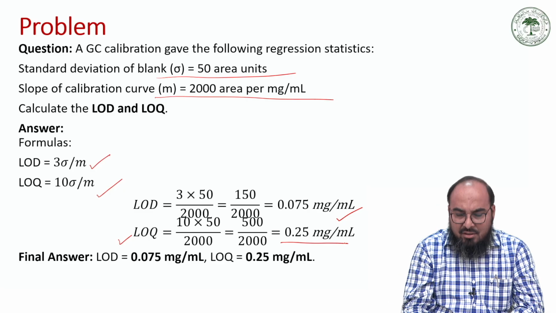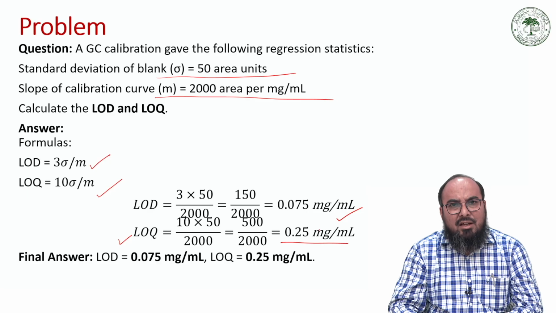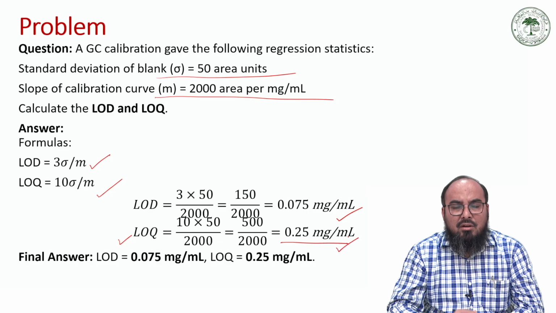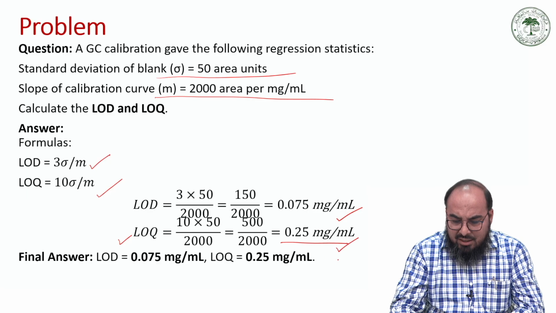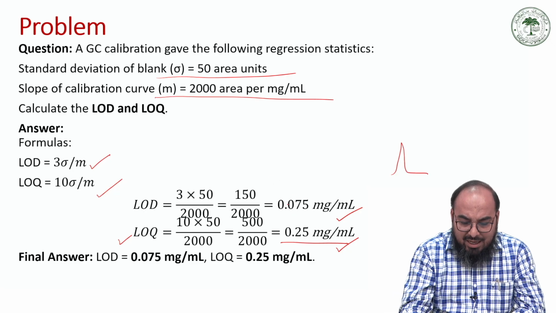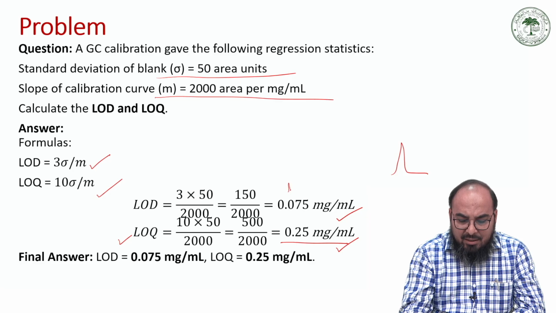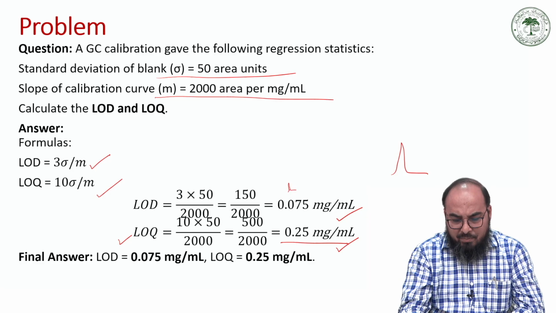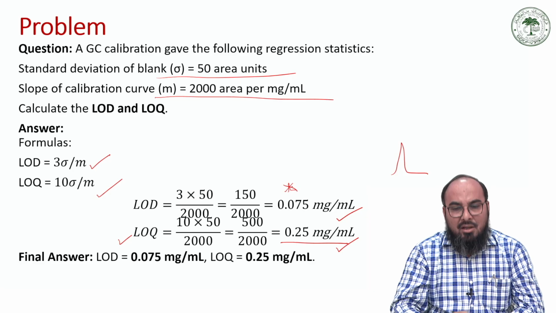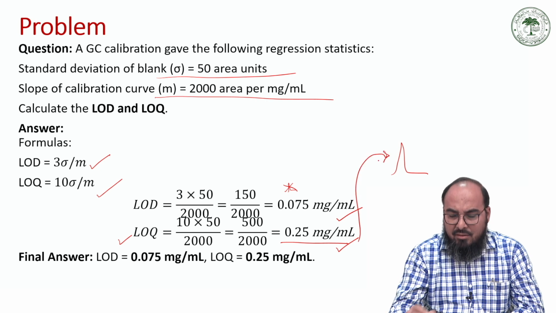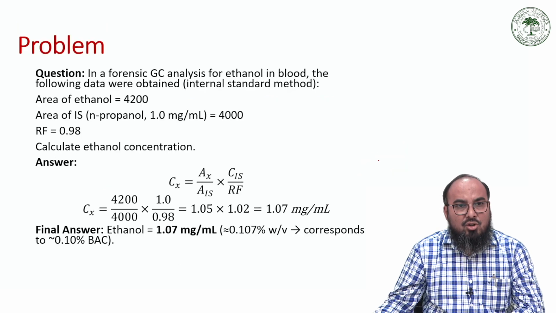You can see a difference in the value. This value is big, and that is why it comes as a peak. This value is so small that although your detector is detecting it, it is not coming in the form of a peak. No peak is there, but this is coming as a peak. So you have to make sure.